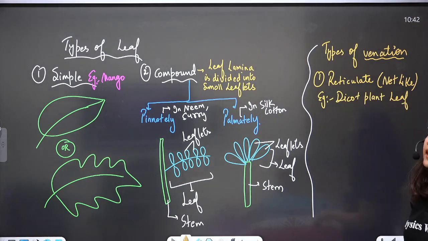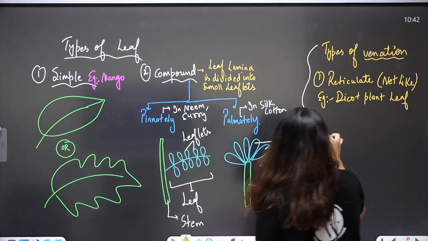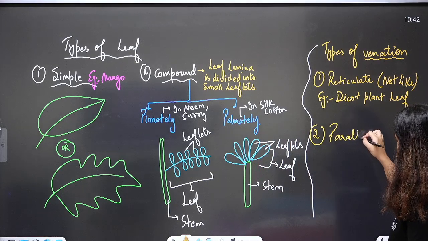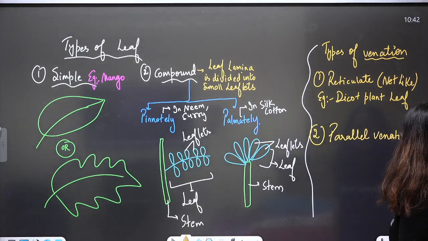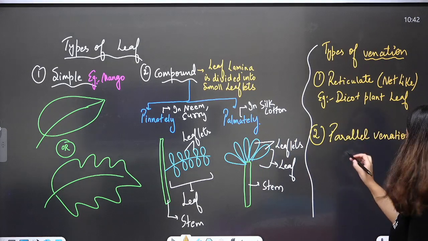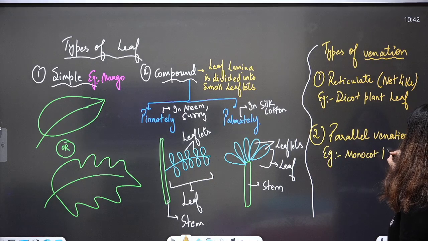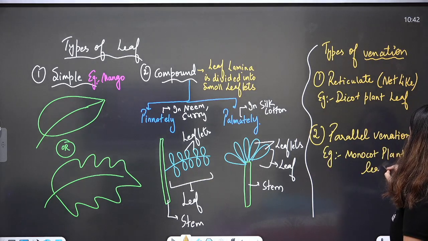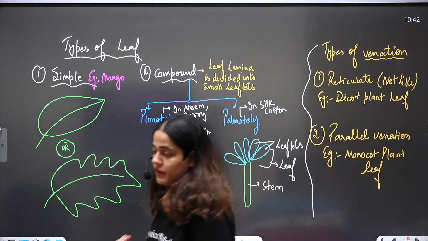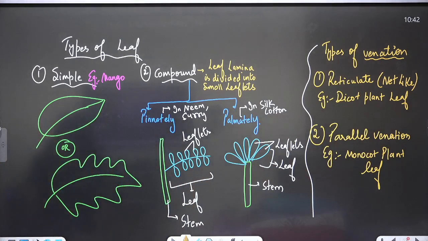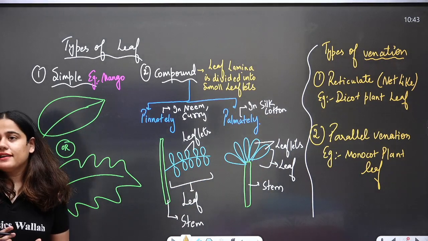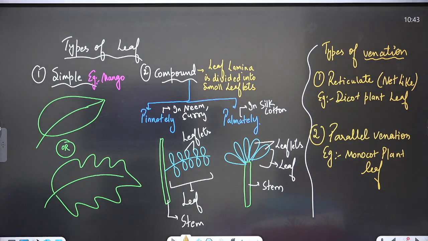In dicot plant leaf, the veins are net-like, and parallel venation is where all the veins are parallel to each other. Example, monocot plant leaf. Right, so there are two types of arrangement of veins and veinlets, reticulate and parallel venation. Reticulate you can see in dicot and parallel you can see in monocot. I hope this is clear to all of you.